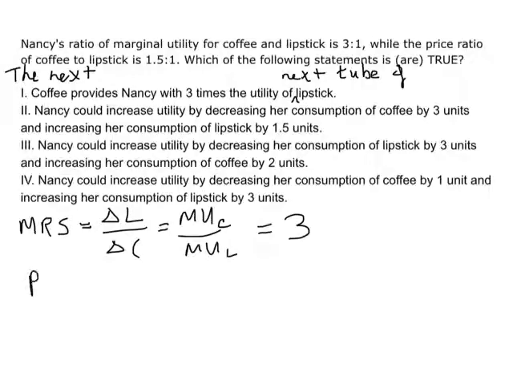The price ratio is not x and y, it's the price ratio of coffee to lipstick, PC over PL, that's equal to 1.5. That's given. So they're not equal. We're not at optimality. So what do we know about this?